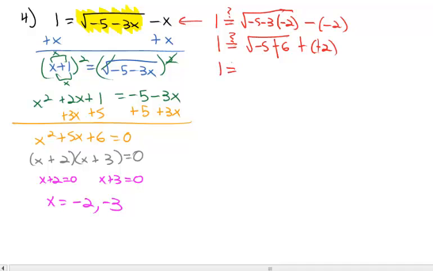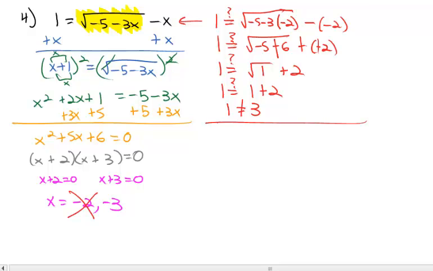We're going to make that plus 2. So we hope the square root of negative 5 plus 6 is 1, plus 2 equals 1. But you can see it coming now. The square root of 1 is 1 plus 2. 1 is not equal to 3. The answer of negative 2 does not work because when we plug it into the original equation, we find it was an extraneous solution.